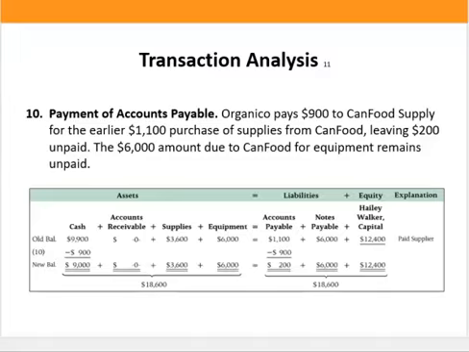Okay, so payment of accounts payable. So we owe 1,100, okay, but we're going to pay them 900, okay. So our accounts payable goes down by $900 because we don't owe that amount anymore. So our total accounts payable now is 200.